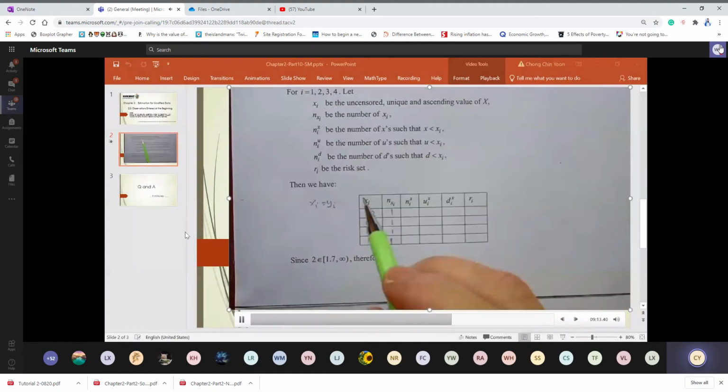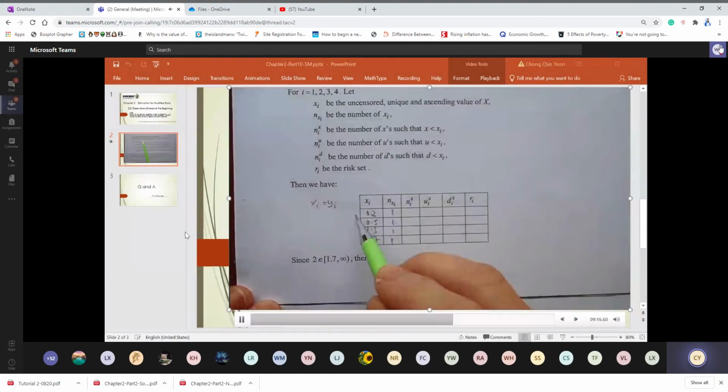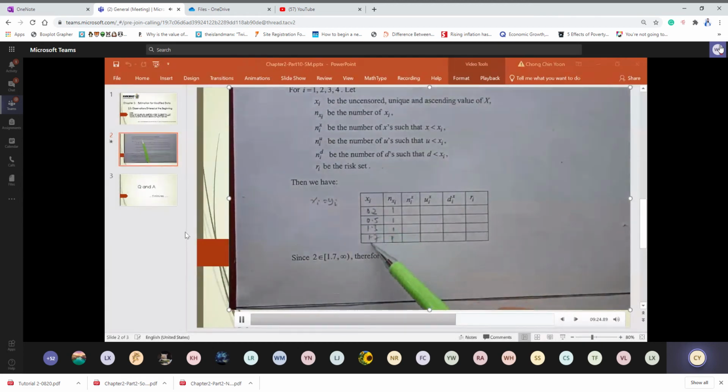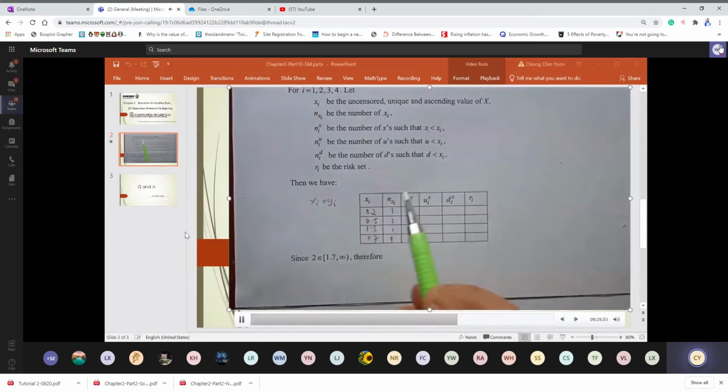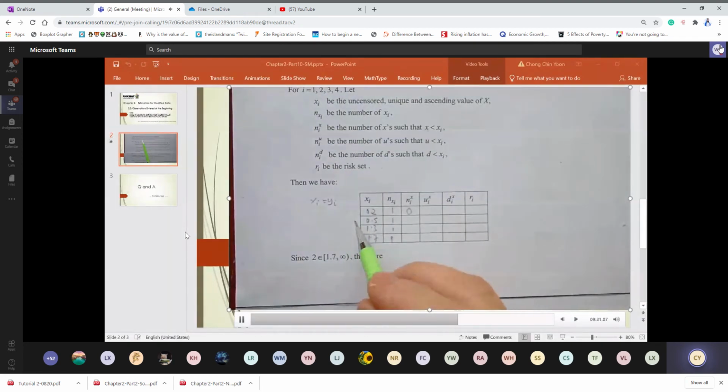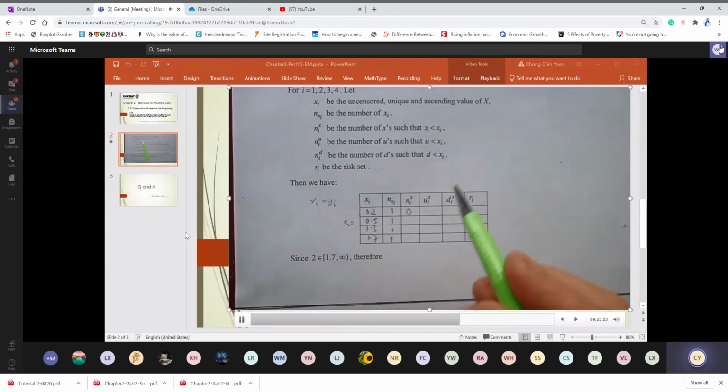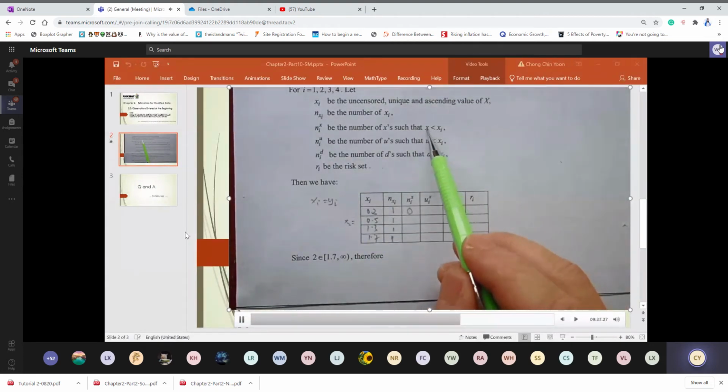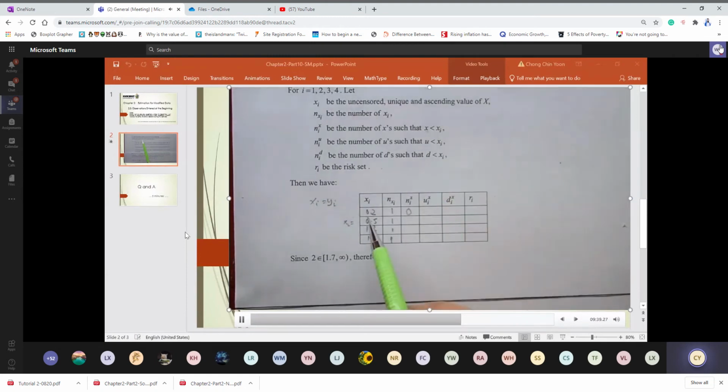Now I would like to count the conditional frequency. If I choose my x1, which is 0.2, how many x values are less than 0.2? There's no x value less than 0.2. If I choose my x2, which is 0.5, how many x values are less than 0.5?